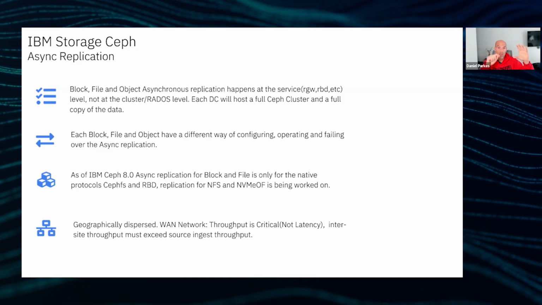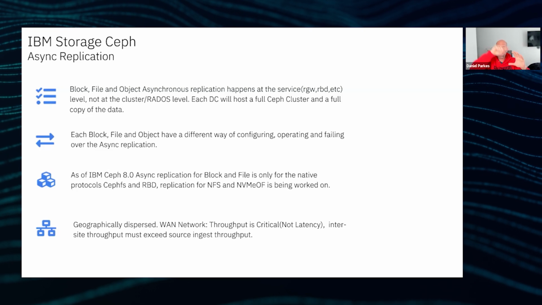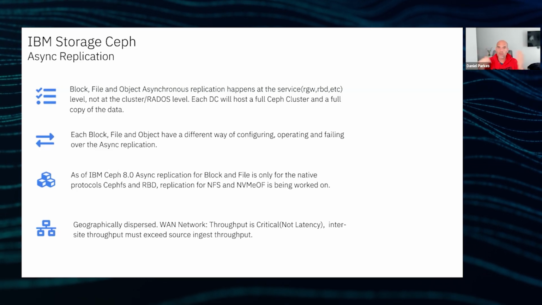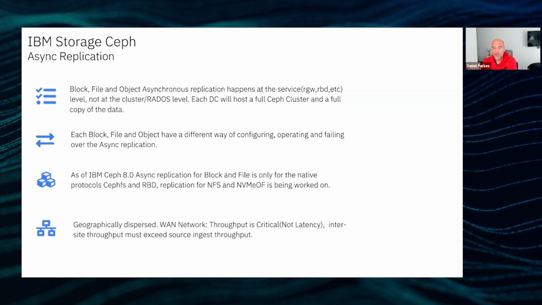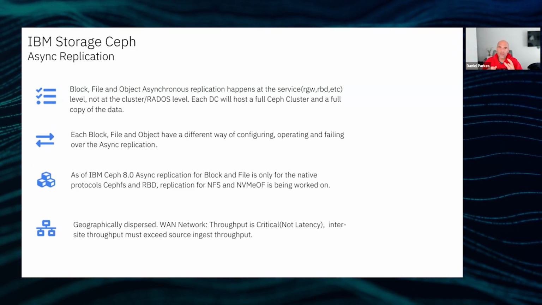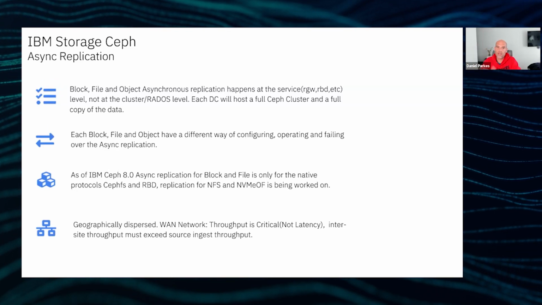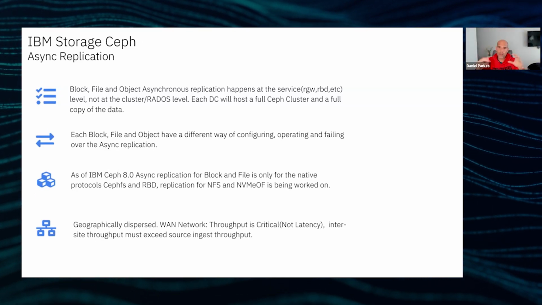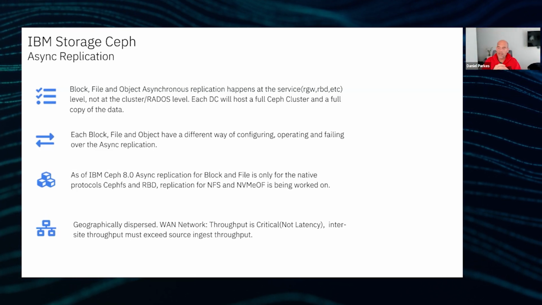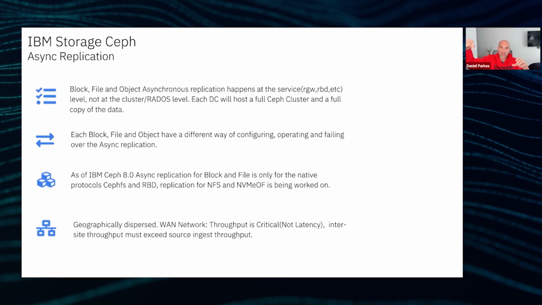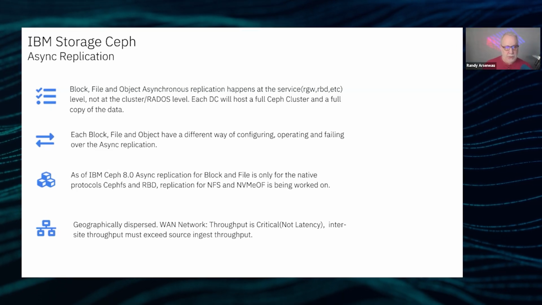So we have to go into that client, configure multi-site replication, and then we will start enabling the replication for object. If you wanted to do the same for block, you have to go into the block service daemon and do a specific configuration there, no? So really, asynchronous replication is not happening at the Rados level, at the core level that I will show you in a moment. It's really happening per service and per daemon, let's say. So it gives you a lot of flexibility and configurability options.